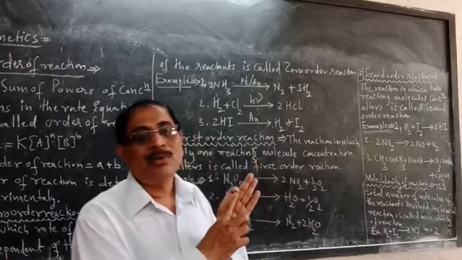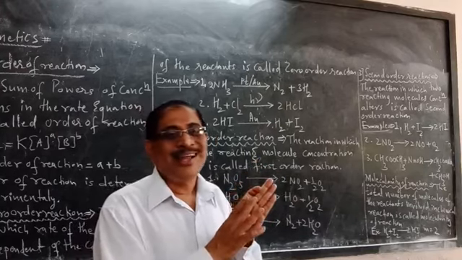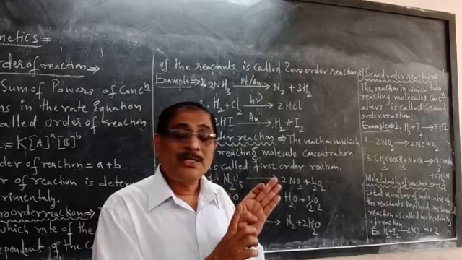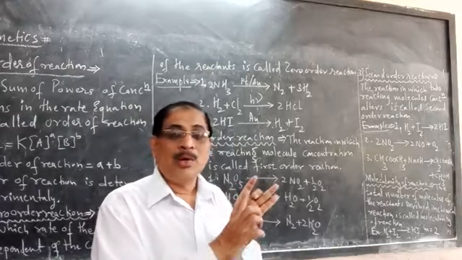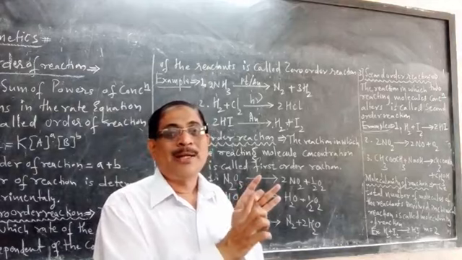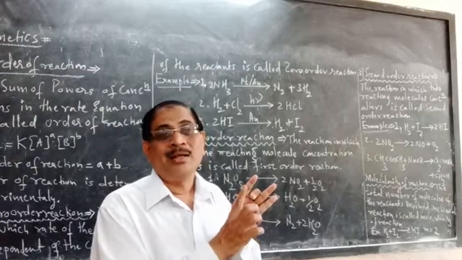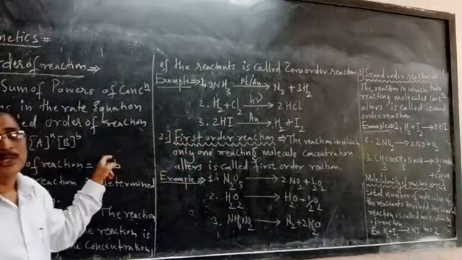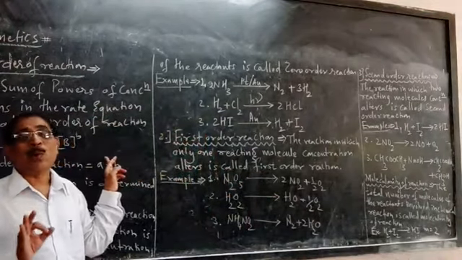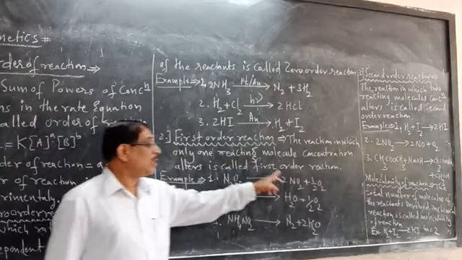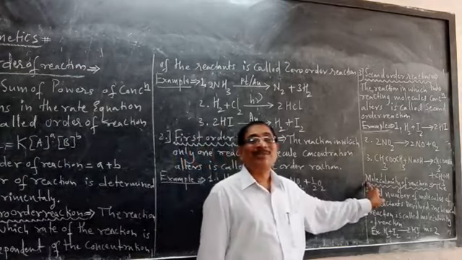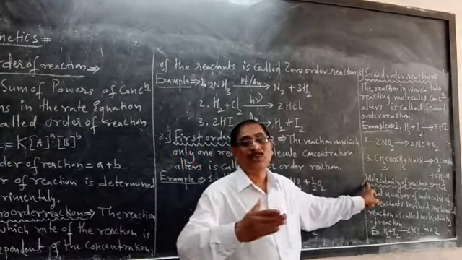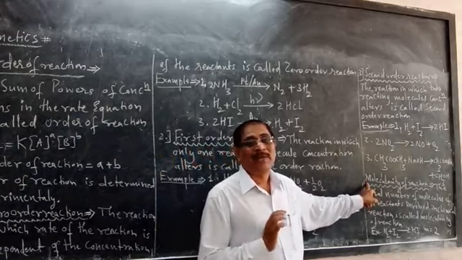Molecularity is the total number of molecules involved in the chemical reaction. Second, order is determined experimentally. Molecularity is always determined by the balanced chemical equation. Third, order may be 0, it may be a fraction or it may be a whole number. But molecularity of reaction is always a whole number, 1, 2, 3, like that, not a fraction.